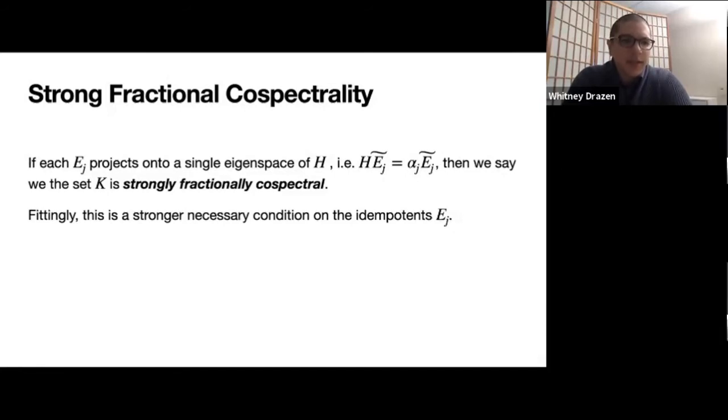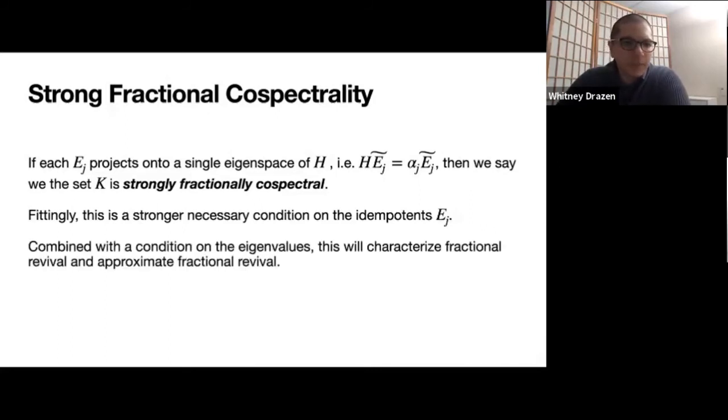And you can certainly see just by taking the transpose of H restriction of E sub j, that this is indeed a stronger condition than H commuting with E sub j. Okay, and if we combine this condition with the condition on our eigenvalues, then this will characterize fractional revival and approximate fractional revival.